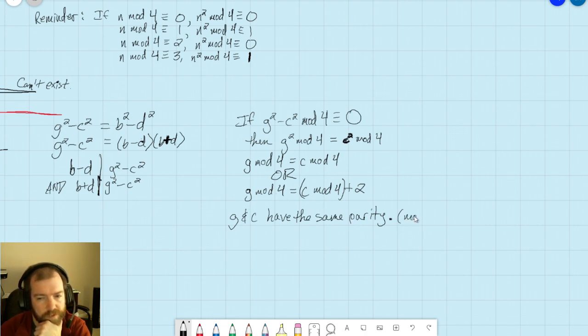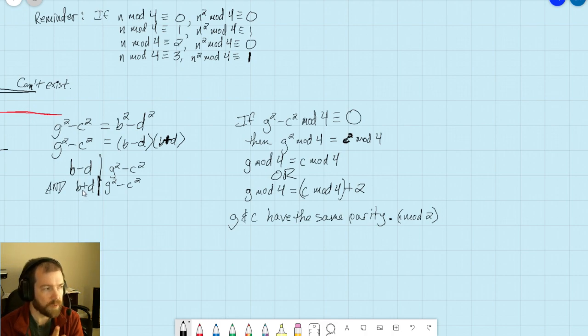You know, n mod 2 has to be the same value. Okay, so then because of that, it's also going to have to be the case that b and d need to have the same parity as well.